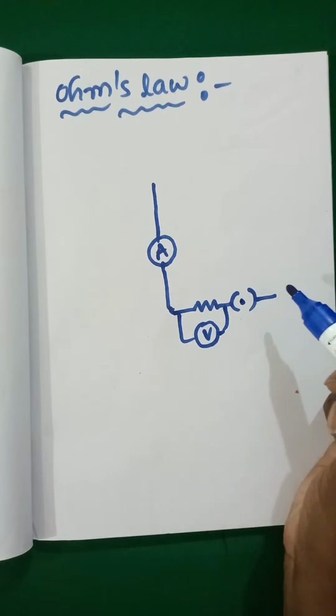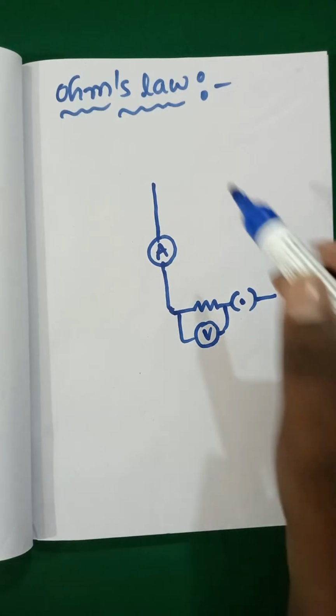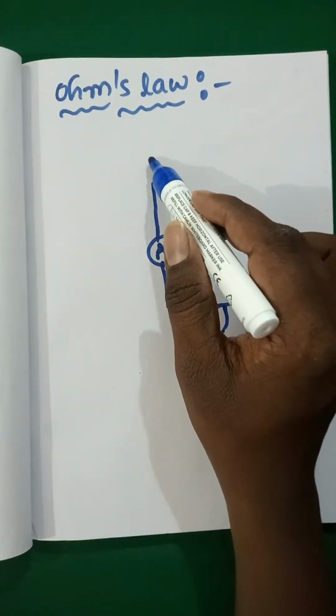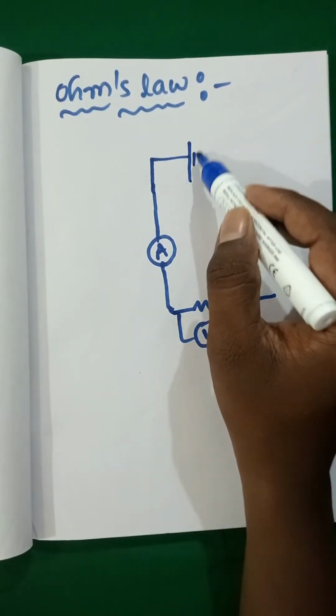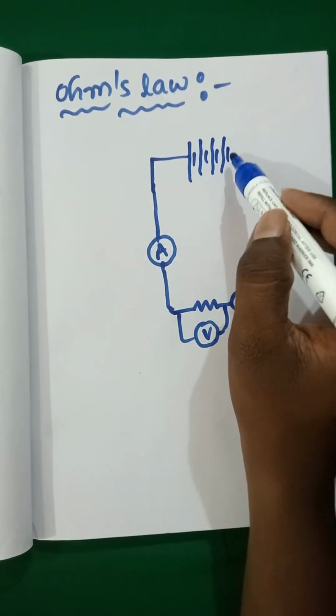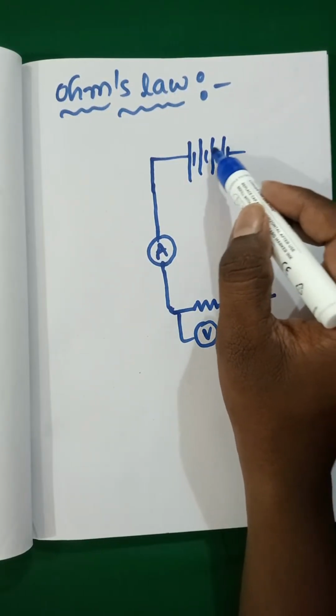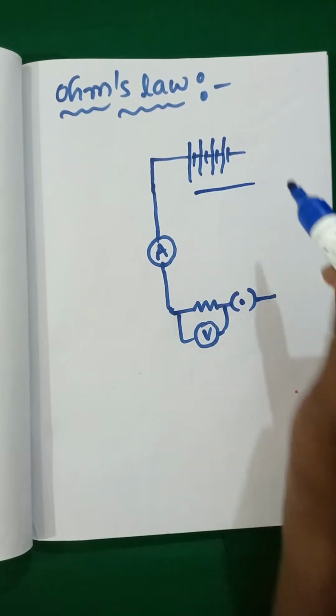Here is a closed switch. Okay, so here I'm taking the cells, 1, 2, 3, 4. So 4 cells are required. And here I'm taking like this.